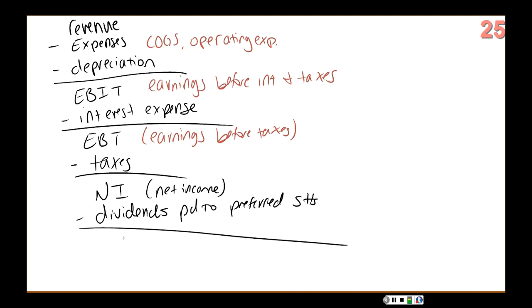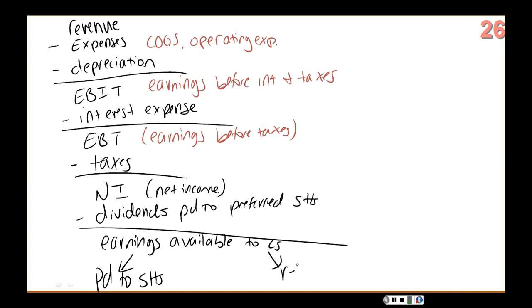And that leaves you with the earnings that are available for the common shareholders. So at this point, there is one of two things that can happen with this earnings available to common shareholders. On one side, it could actually be paid to the shareholders. On the other side, it could be reinvested.